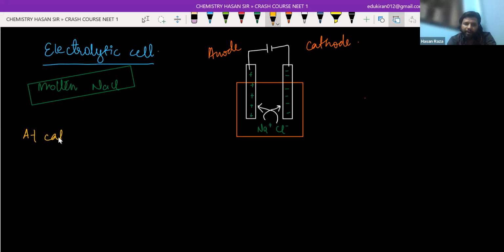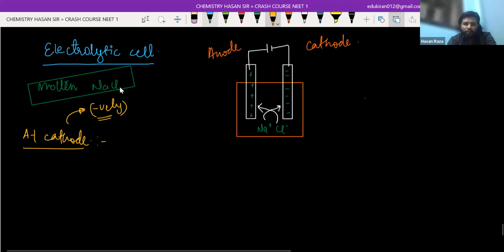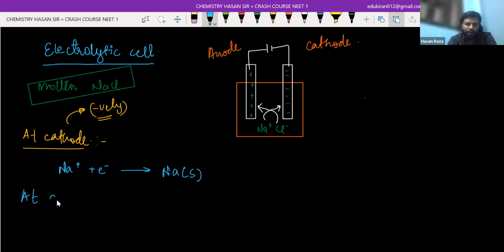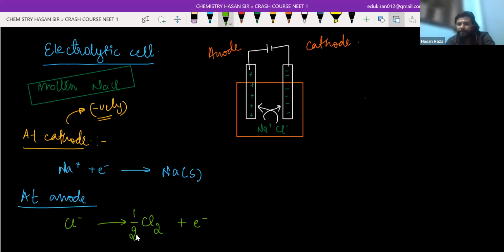At the cathode, which is negatively charged, the positive cation will go. Na plus goes to the cathode, gains one electron and reduces itself into solid Na. At the anode, Cl minus will go and lose an electron. In order to balance it, I multiply by half.